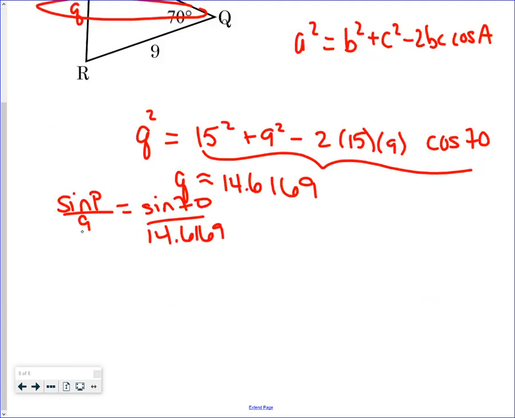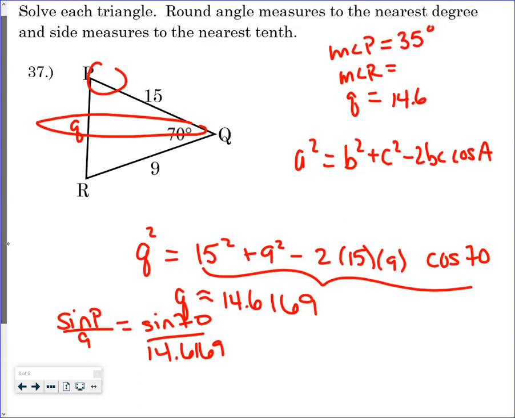Everybody do it with me. 9 times sine 70, hit the equals. Divided by 14.6169, hit the equals. Second sine, second answer probably for you. And you get like 35.